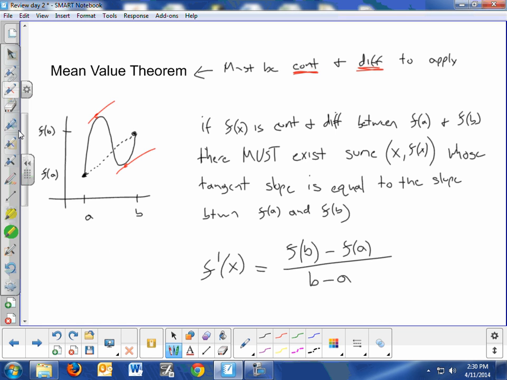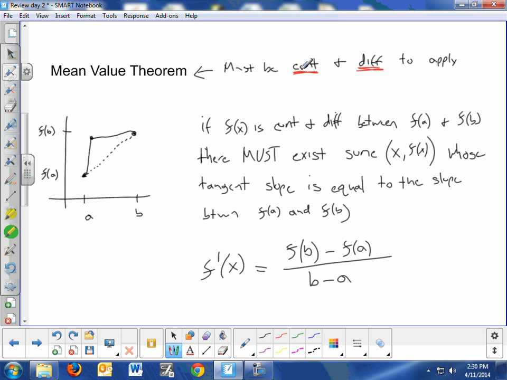Now, question is, why does it have to be differentiable? Because if I have a situation like this, sharp point, boom, there is no point whose tangent slope is equal to the slope between f of A and f of B. So a sharp point or cusp could make the mean value theorem not true.